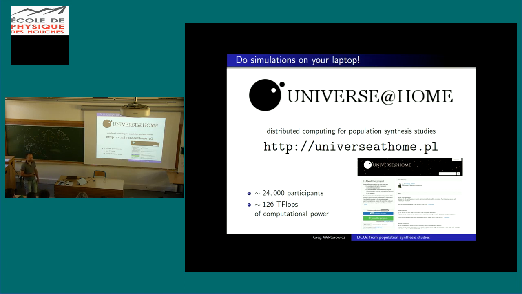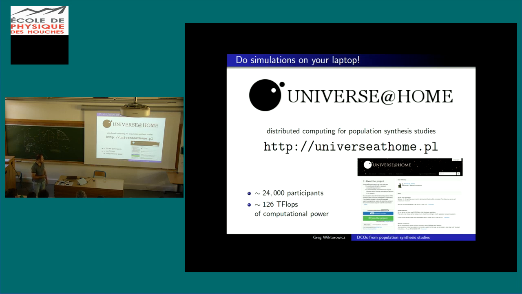Yeah. So our small achievement so far is 24,000 participants, which give us more than 100 teraflops of computational power.